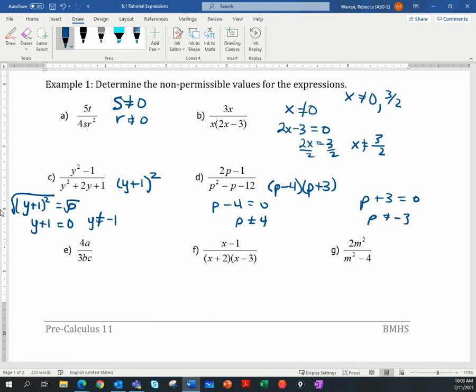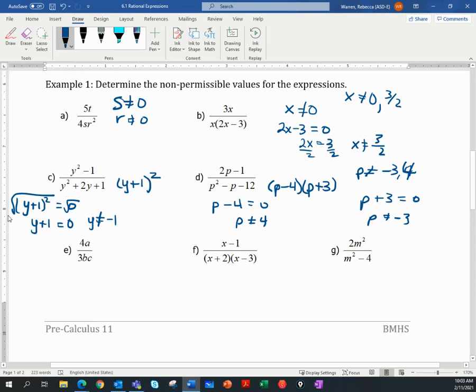And again, as far as non-permissible values are concerned, you could circle these, or you could just write p cannot equal -3, 4. Do you have to write them in numerical order? No, just list them. Numerical order obviously is great because it's just the easiest way to read it, but you can write them in whatever order you want.